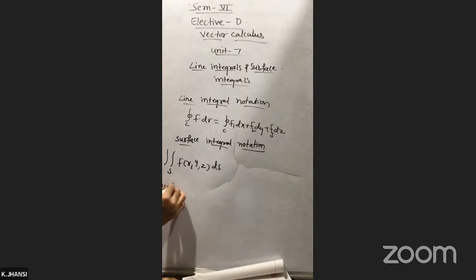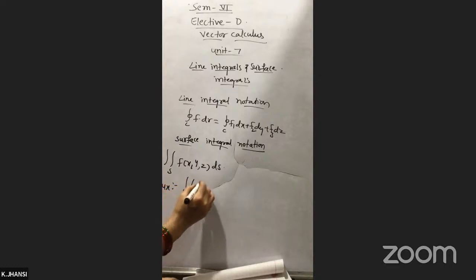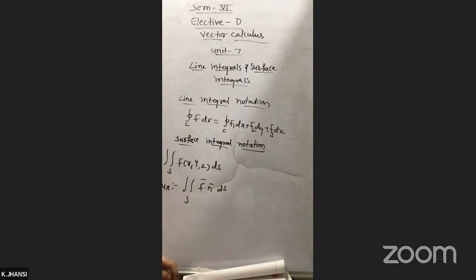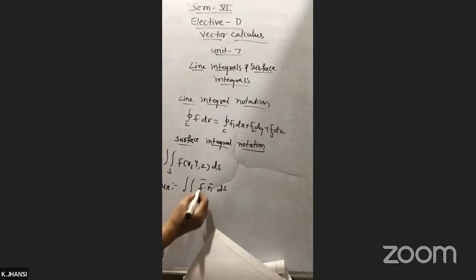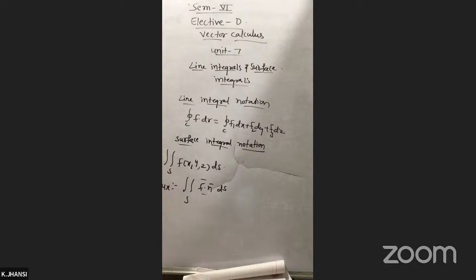That is, the double integration over S of F dot n dS is called the flux of F over S. The surface integral we use for the Gauss divergence theorem. So for solving that, we use this one.